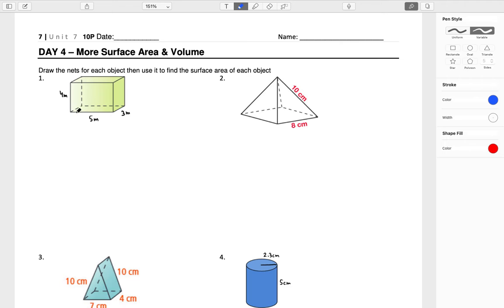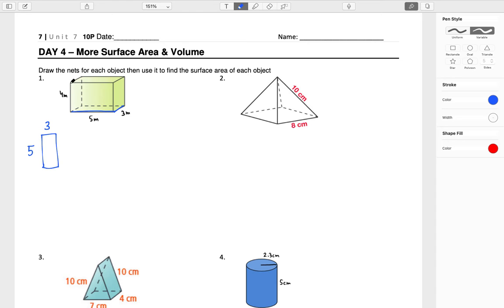So I can see that it's 5 by 3 at the bottom. This is 5 by 3, and then 5 by 3 again, so we have top and bottom.